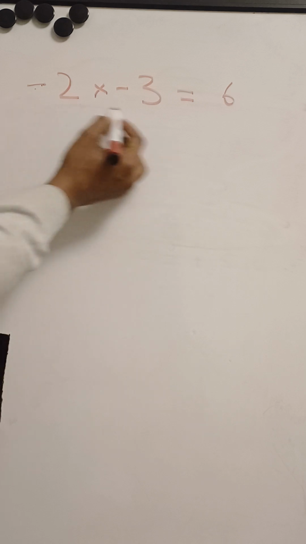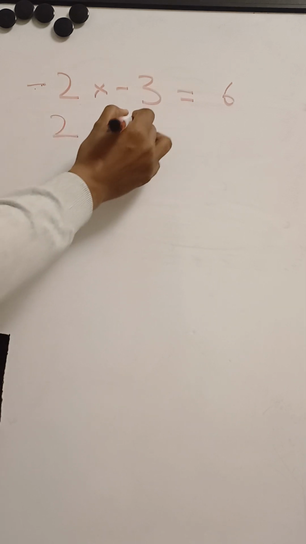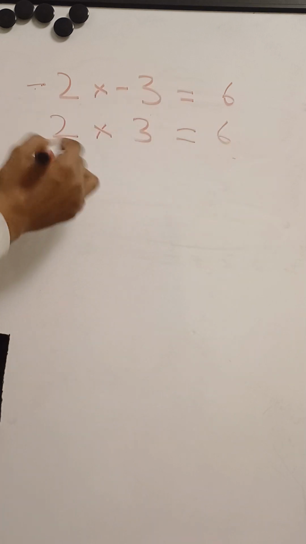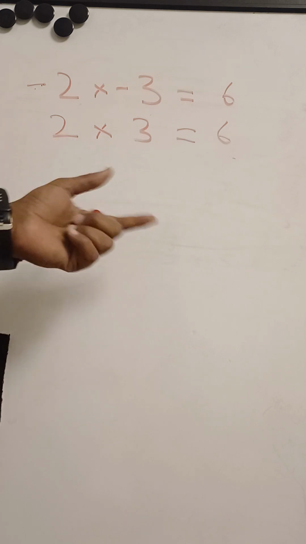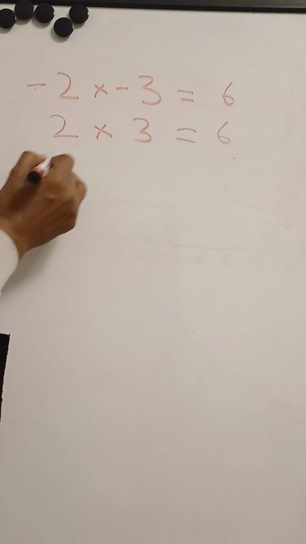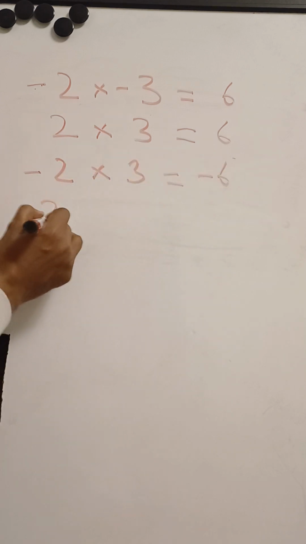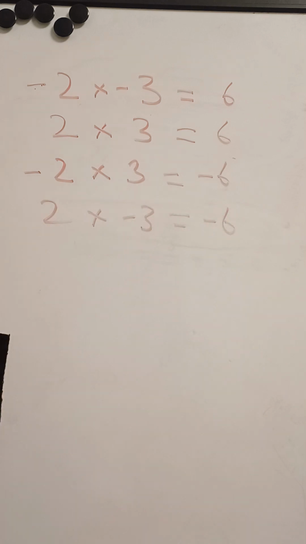So both signs are the same, like 2 times 3 or negative 2 times negative 3, we end up with a positive number. If one of the signs is positive and the other is negative, the answer is negative. Negative 2 times 3 is negative 6. 2 times negative 3 is negative 6. This is very important. So many things are based on this rule.